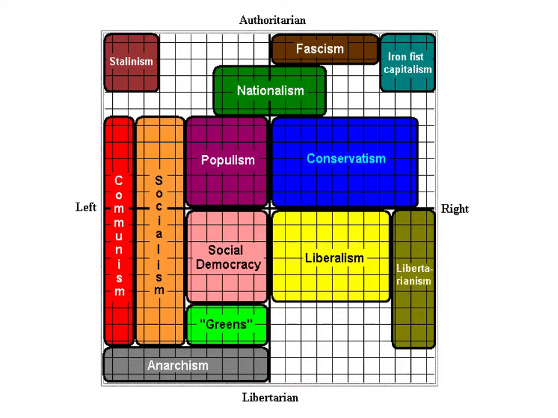To the left, in the pink, is the social democracy square. You could equate this to some extent with Democrats in modern U.S. politics, or in the UK with the Labour Party, in Germany with the Social Democratic Party. The Social Democrats are somewhat on the left because they are more redistributive in terms of their policies.